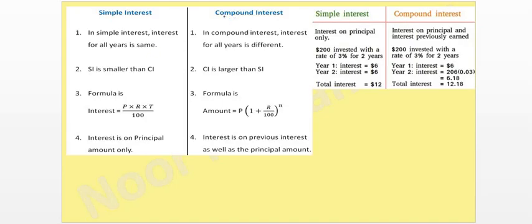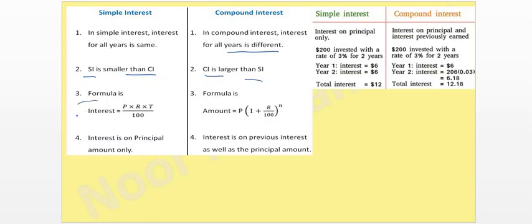As compared to this, in compound interest the interest for all the years is different every year, because last year's amount will also be added to your principal amount. So every year the amount of the interest will be different. Simple interest is smaller than compound interest, and the opposite, compound interest is larger than simple interest.